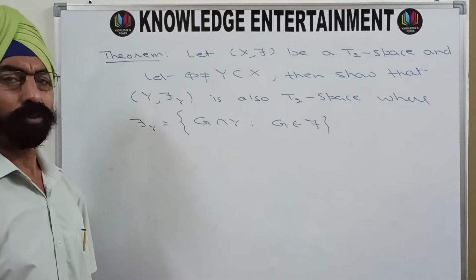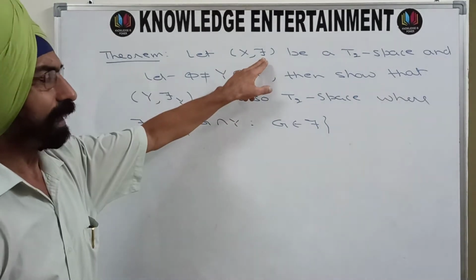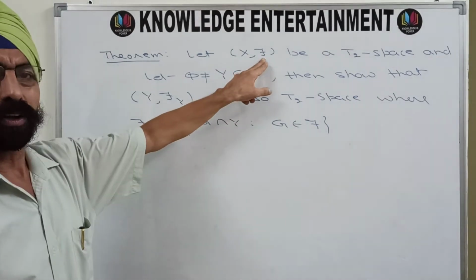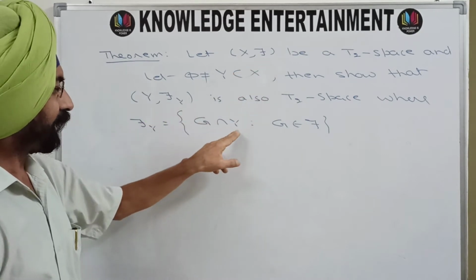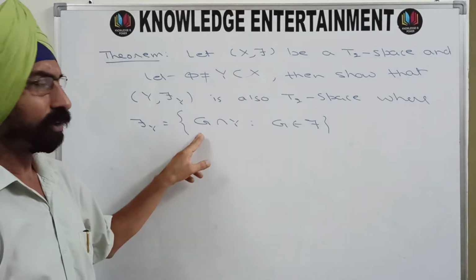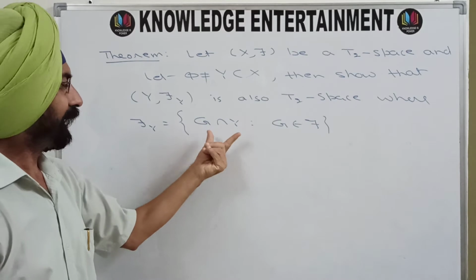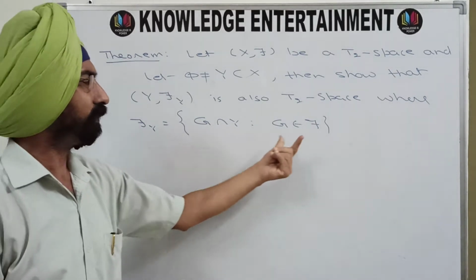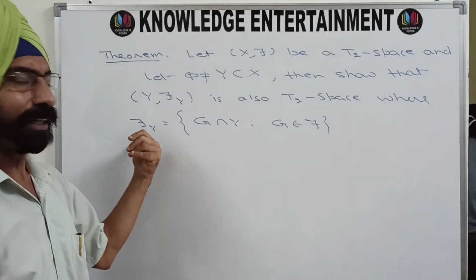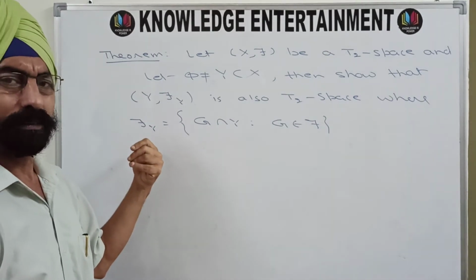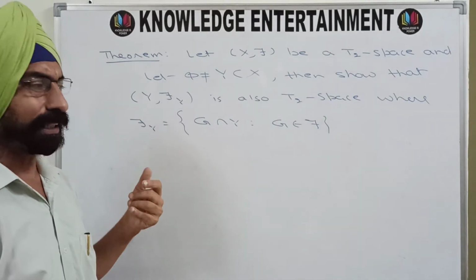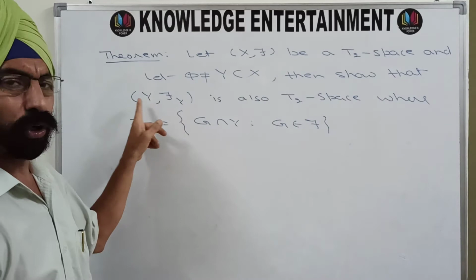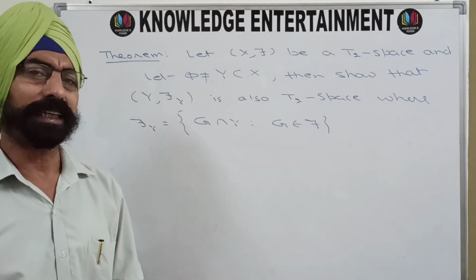That means what you have to do, you have to take all the members of the set tau and then intersect them with the set Y, and the sets G intersection Y will be the members of tau Y, and this will become a topology. We have proved already in the previous chapter, and we have to show that this Y tau Y is a T2 space.